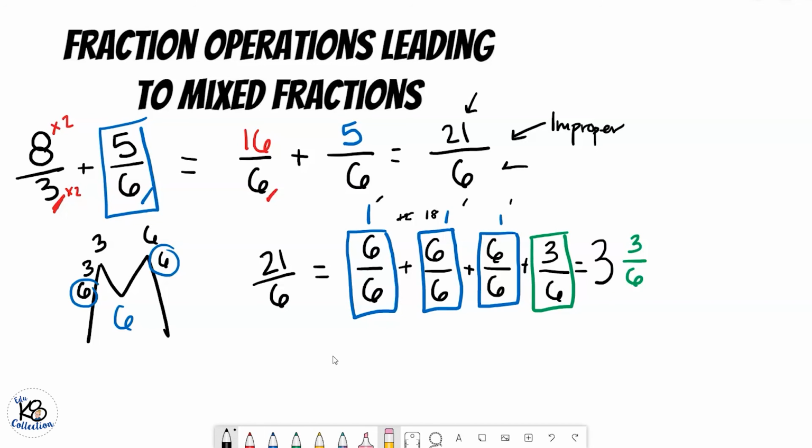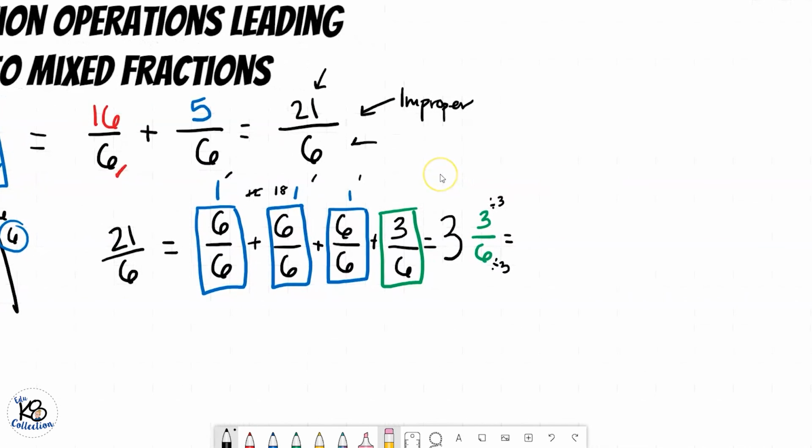As with any fraction, we always need to simplify it. So 3 can be divided by 3 and 6 can be divided by 3. So I leave my whole number the same. I still have my whole number of 3 from right here, but I can then simplify the fraction part of this mixed fraction. 3 divided by 3 is 1, and 6 divided by 3 is 2. And there I have a mixed fraction.